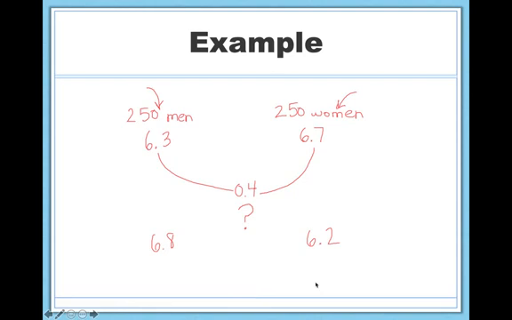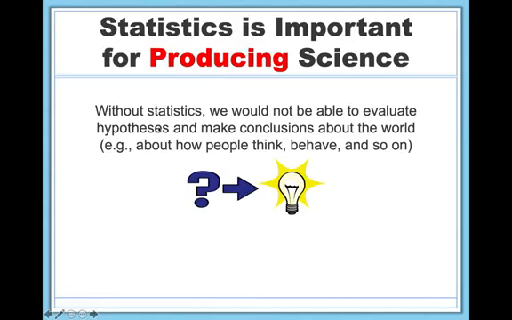This is why inferential statistics, and statistics more broadly, is so important. We can make with confidence these sorts of conclusions to say that this difference of 0.4 is big enough for us to be convinced that women are more anxious than men in college. Just looking at the raw numbers alone, we can't make that conclusion.